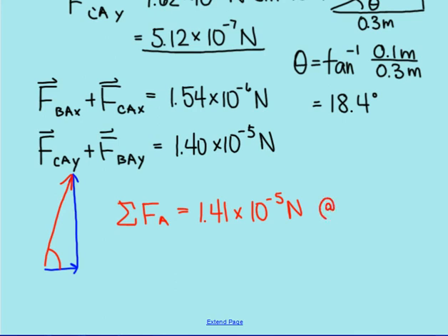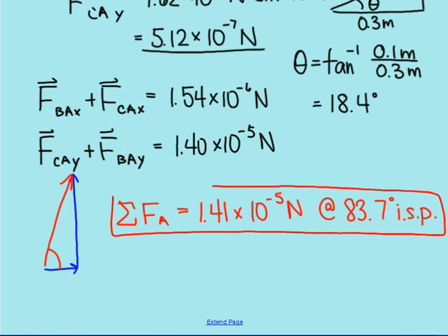And that yields an angle of 83.7 degrees. And then we have to say where that angle is, which you may say as above the positive x-axis, or north of east. This is my final answer.